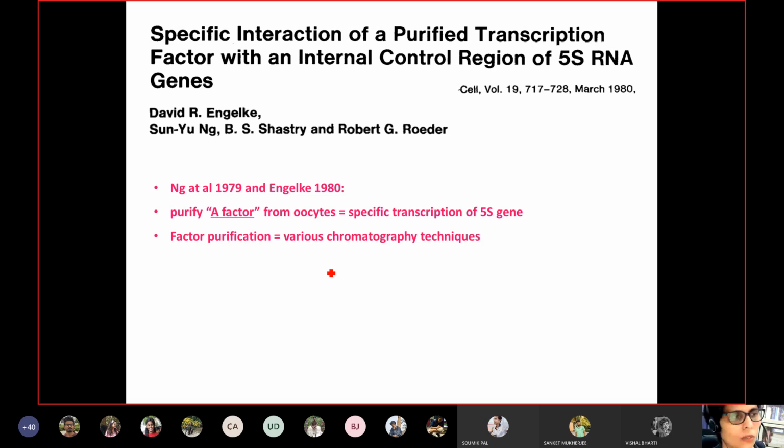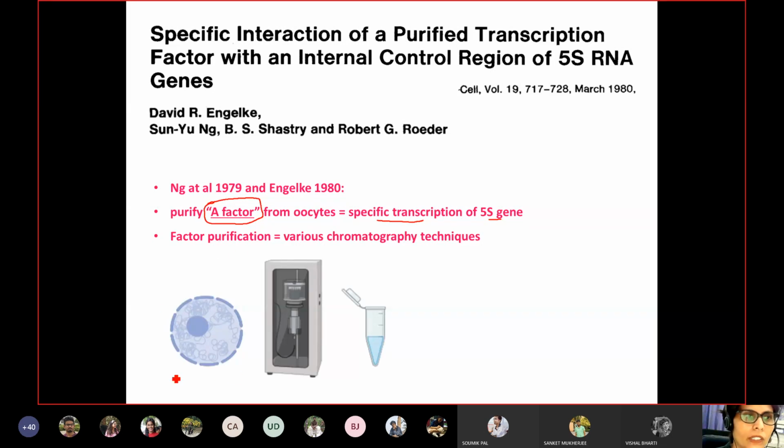That means from cells, and these oocyte factors are important for specific transcription of 5S gene. What they did here, obviously I'm going to explain the purification steps, various chromatography techniques, and then from there they went into complementation assays and how they were able to figure out this complete A factor, which was important for specific transcription of the 5S gene. So let's see here.